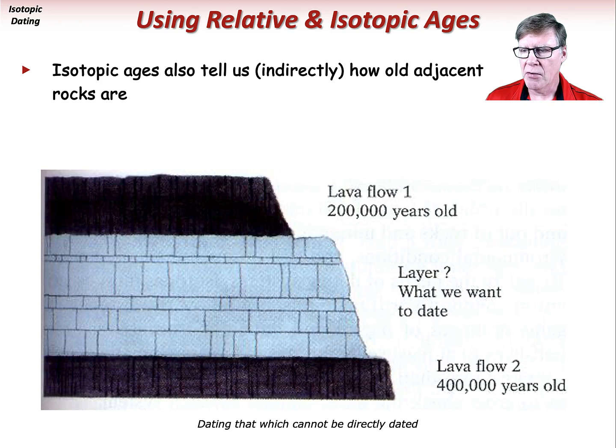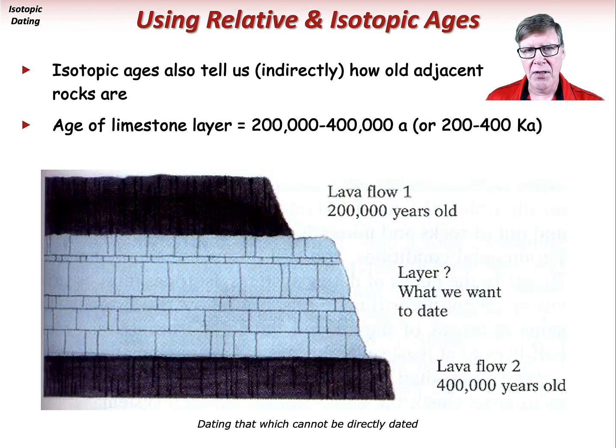If we determine that the lower flow is 400,000 years old and the upper flow is 200,000 years old, then we know the age of the limestone must be somewhere in between 200 and 400,000 years old. This seems incredibly simple, but it's actually very powerful in dating rocks that we can't otherwise date with isotopic methods.